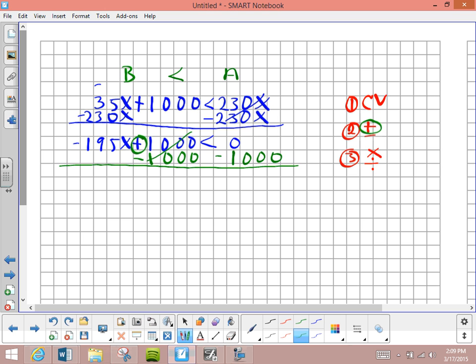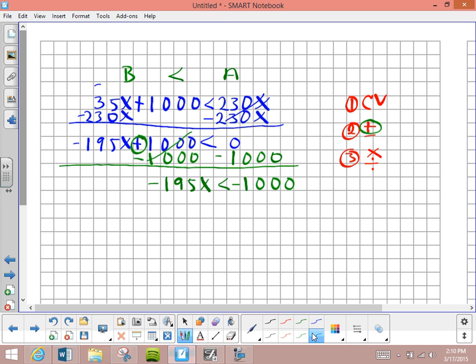This gives me 0, so I bring down the negative 195x less than negative 1,000. Some people say that was 0. I'm like, nope. If you have 0 girls but 1,000 boys, you still have 1,000 boys, right? They don't go away.